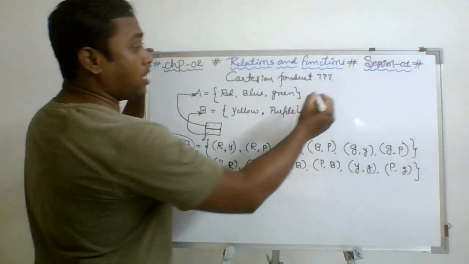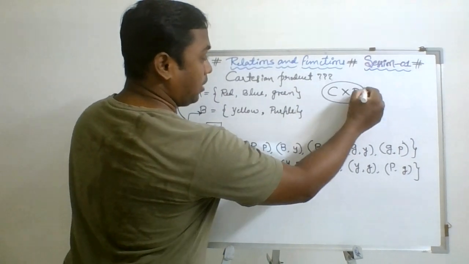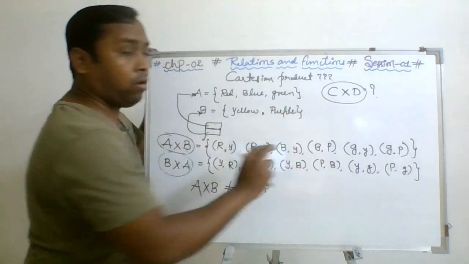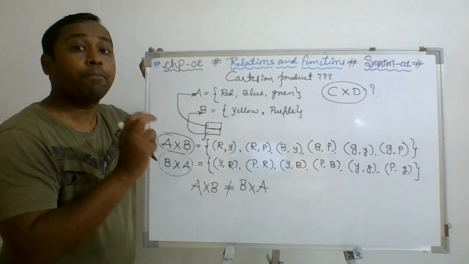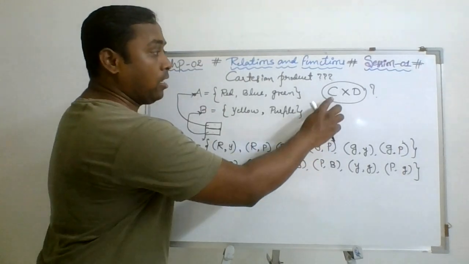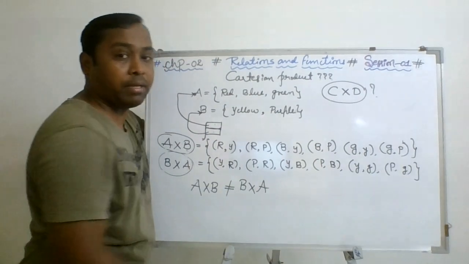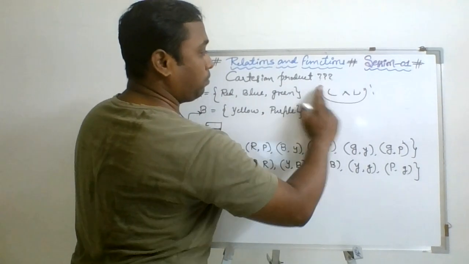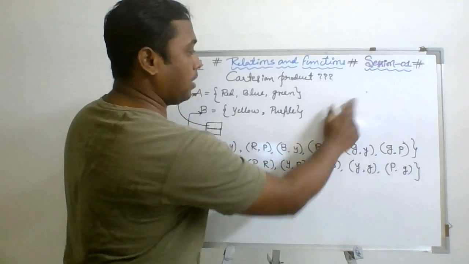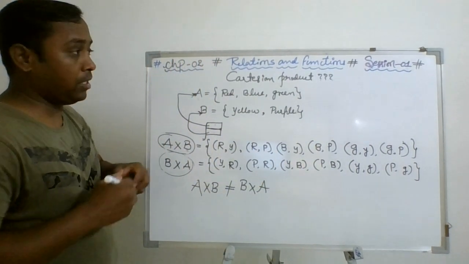If I say the Cartesian product of C cross D, it means the collection of all possible ordered pairs where the x element belongs to C and the y element belongs to D. So how is this Cartesian product defined in a general way, in set builder form?